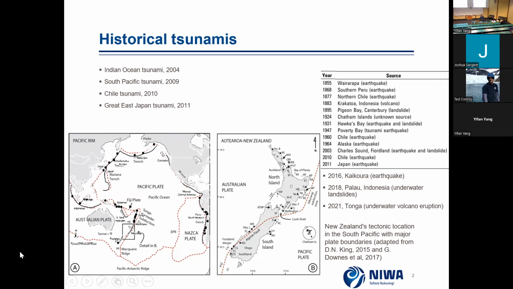So we can see New Zealand is on the Pacific plate and the Australian plate boundary. And here is the Hikurangi subduction zone, where the most significant earthquakes and tsunamis in New Zealand history occurred.